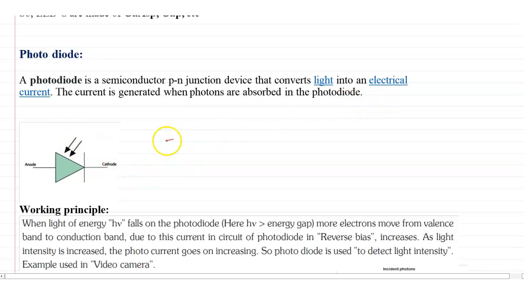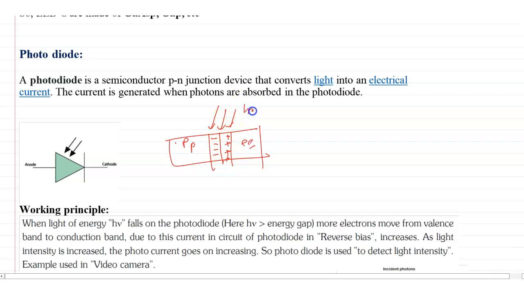When a photon enters the diode, suppose this is a photodiode, there is a junction, and due to diffusion, suppose this is the p side, there are immobile charge ions, positive and negative. Due to recombination of electrons and holes, this region is now neutral, means there is no carrier. But when light is incident on it, the bonds will break.